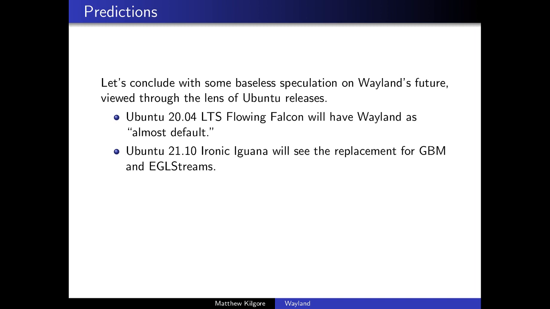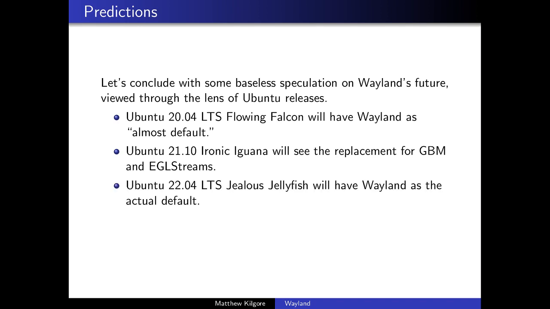Ubuntu 21.10, which I would really like to be called Linux Atlanta, will probably see a Wayland server with the replacement for GBM and EGLStreams, so it will likely run for everybody. Ubuntu 22.04 LTS, which really should be named Jealous Jellyfish, will likely have Wayland as the absolute default.